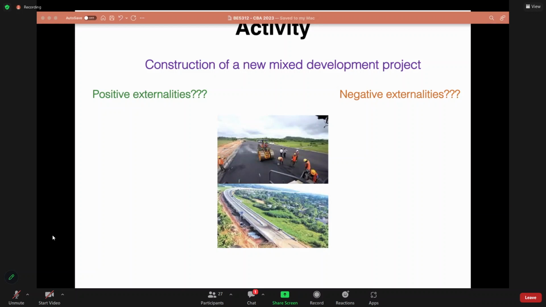Yeah, but if that's going to be directly used for the project, that will not be an externality, because then you're becoming a supplier to the project. Then you are involved in the project. But say general increase of business opportunities because of this big development in the area, that can be an externality.